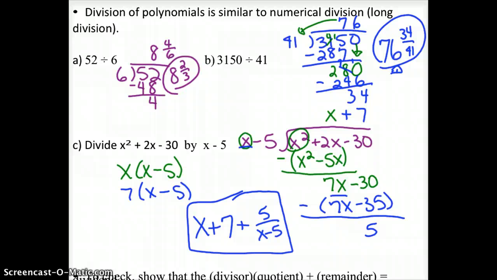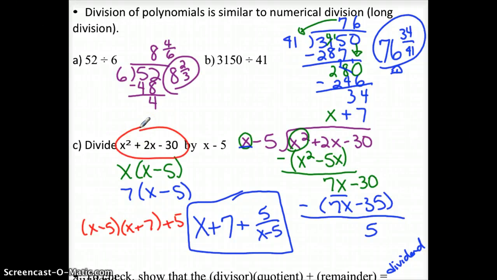When you're trying to check, you're going to try to show that the divisor times the quotient plus the remainder equals the dividend. So in other words, if I wanted to check that I was right, I'd want to see if x minus 5 times x plus 7, plus 5, which was my remainder, is really equal to my dividend, the original x squared plus 2x minus 30.